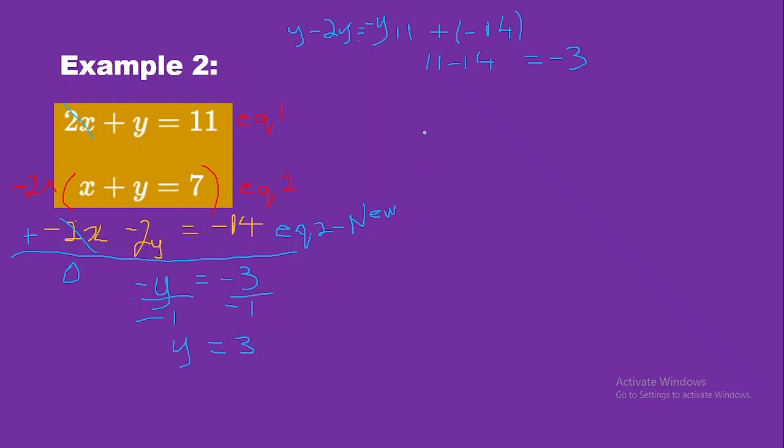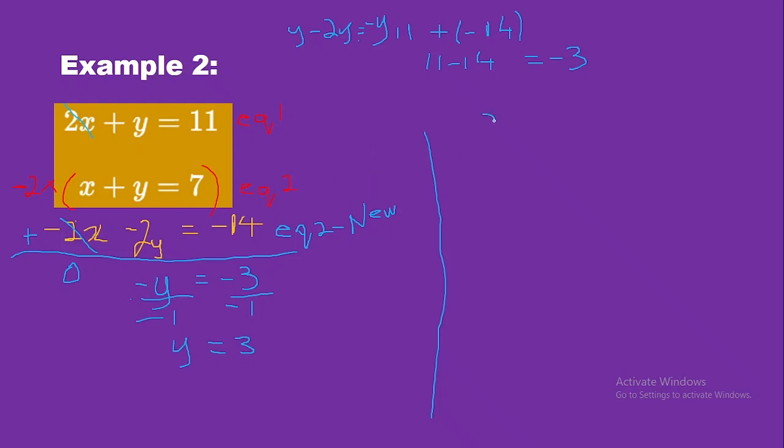Alright. So now that we have done that, we are going to substitute y is equal to 3 in any one of these equations right here to see if we can get our answer. Alright, so let's plug it into equation 2.